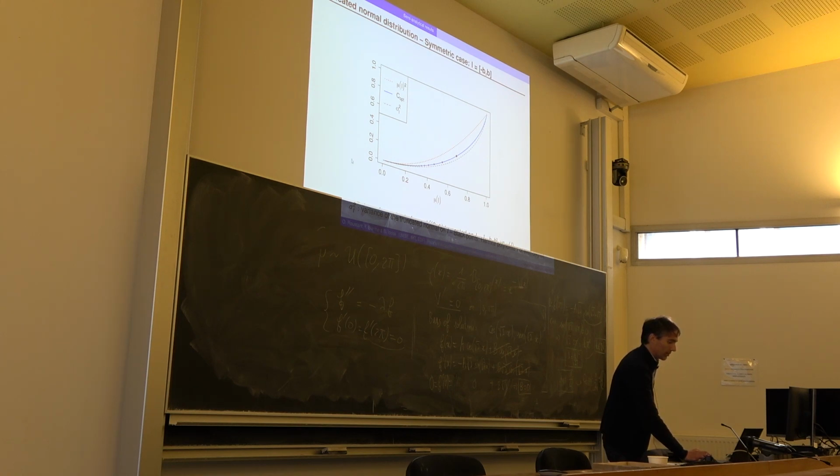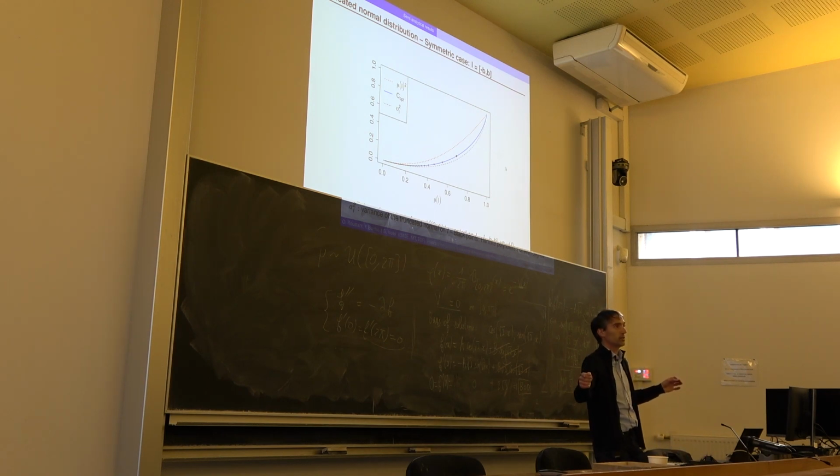So how should we read this result? On the left, vertically, it is the Poincaré constant. And on the right, it is the mass of the interval that you consider. Okay, for instance, a mass of 1 means that you consider the whole real line, minus infinity to plus infinity.